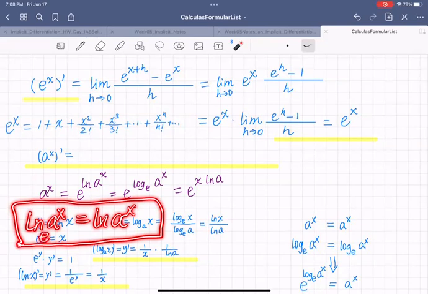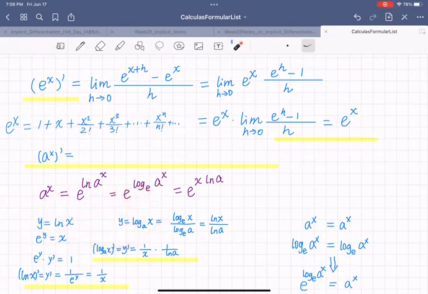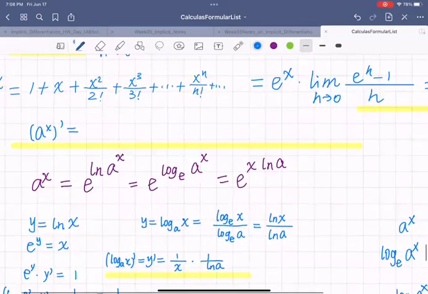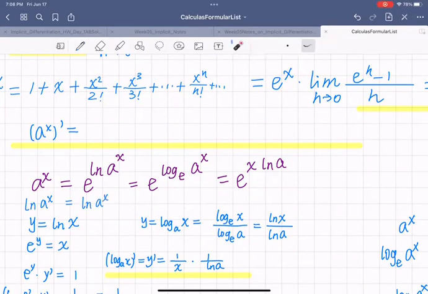So that means e to the power of this guy equals this guy. Does this make sense? ln of a to the power x equals x times ln a. This is base e.